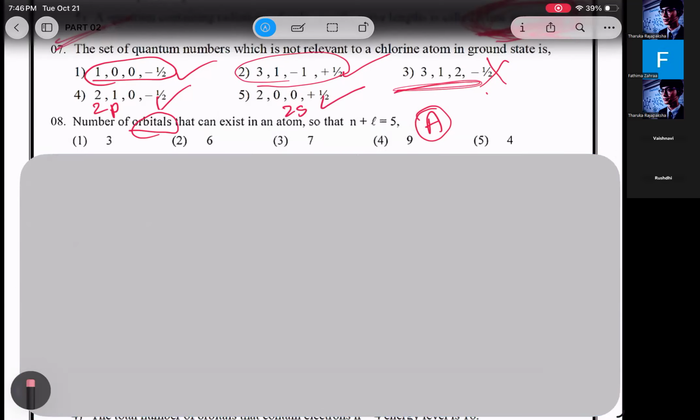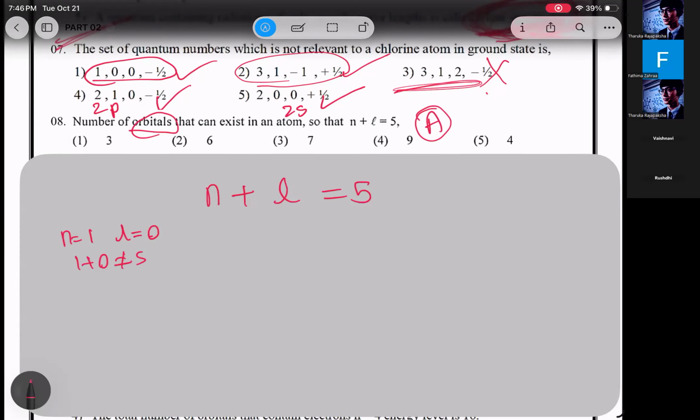Okay, let's see. Number of orbitals that can exist in an atom so that n plus L equals 5. Let's look at every possible case. When n equals 1, L should definitely be 0, so that can't be happening because 1 plus 0 is not equal to 5.